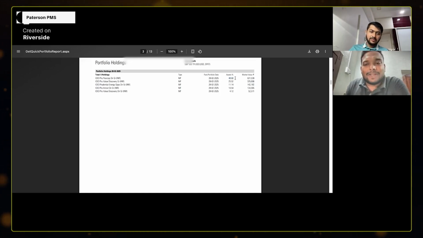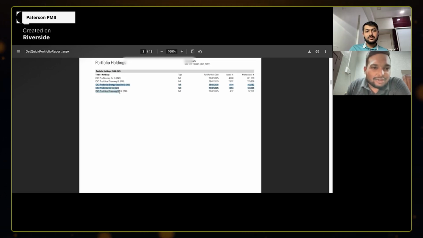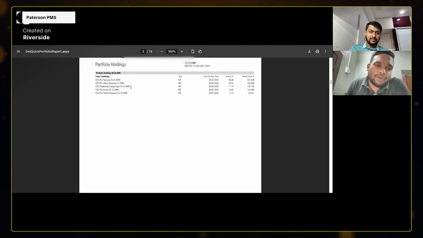So we can simply say that if we take these two top funds, then mostly the return he got on his mutual fund portfolio will be driven by these two funds only. Out of these two funds, one is a regular fund and one is a direct fund. So obviously the cost is going to be higher for this portfolio as well.